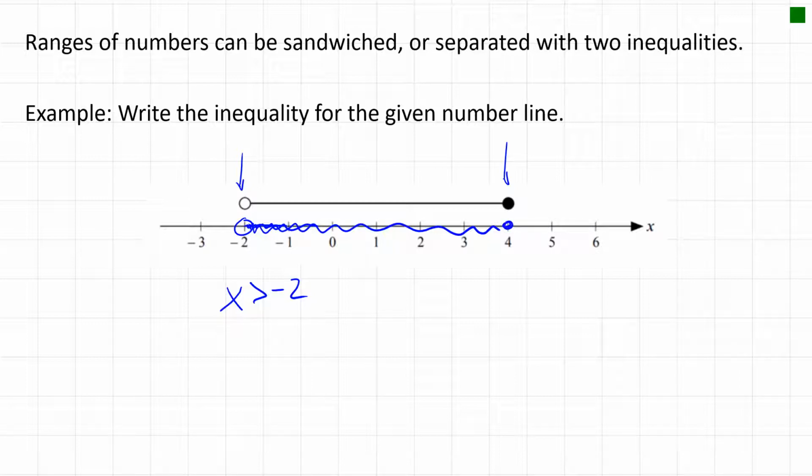And then over here at 4, we know that all the values are to the left of 4. So x is less than or equal to 4, and equal to because it's a closed dot. So we actually have two ranges. X is greater than -2, and it's less than or equal to 4.